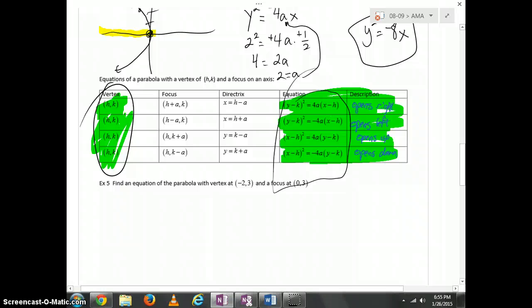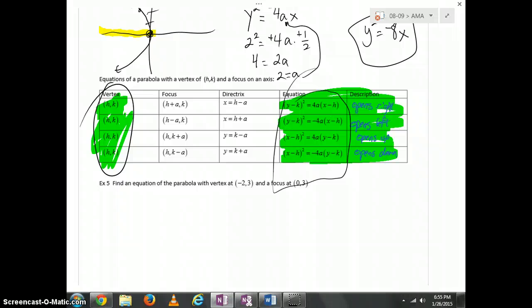But once again, we have some very similar behavior from what we saw on the front page. If we have something with y squared, and on the right side we have something positive, you'll open to the right. If you have a y squared equal to something negative, it opens left, and so forth. You're going to have similar behavior with your x's, opening up and down, of course, depending on whether you are positive or negative.